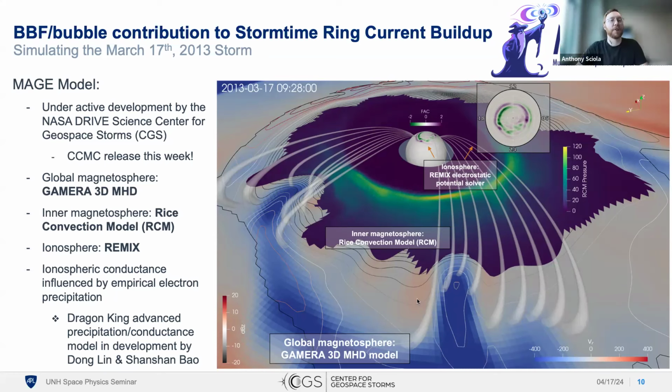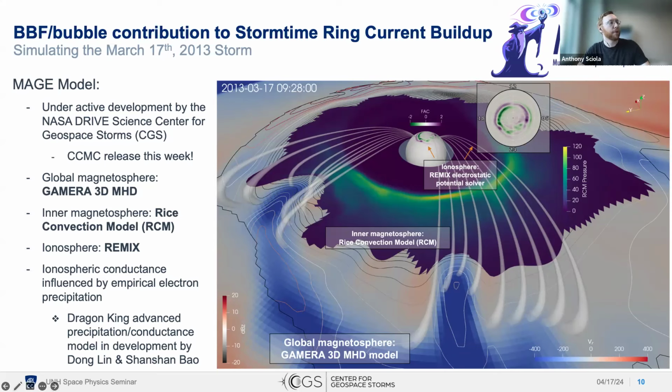But for this simulation specifically, we're using a subset of the full MAGE model consisting of the Gamera global magnetosphere model, which very importantly not only produces these bubbles self-consistently, but also reproduces many of the statistical properties of bubbles as measured by spacecraft such as Themis.